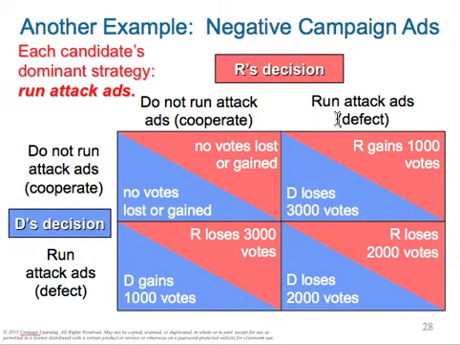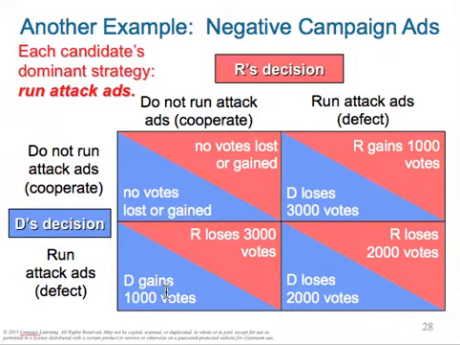Republicans, or excuse me, I'm not supposed to use that word. Let's say he's an elephant. R's decision, then, dominant strategy, is to run an attack ad. Now, conversely, the Democrats, see, there I go again. Let's talk about donkeys, the D's. They can choose between up and down. Do not run the attack ads, which means they're cooperating, or run the attack ads. Well, which one should they do? They either lose no votes or gain no votes, or they gain 1,000 votes.